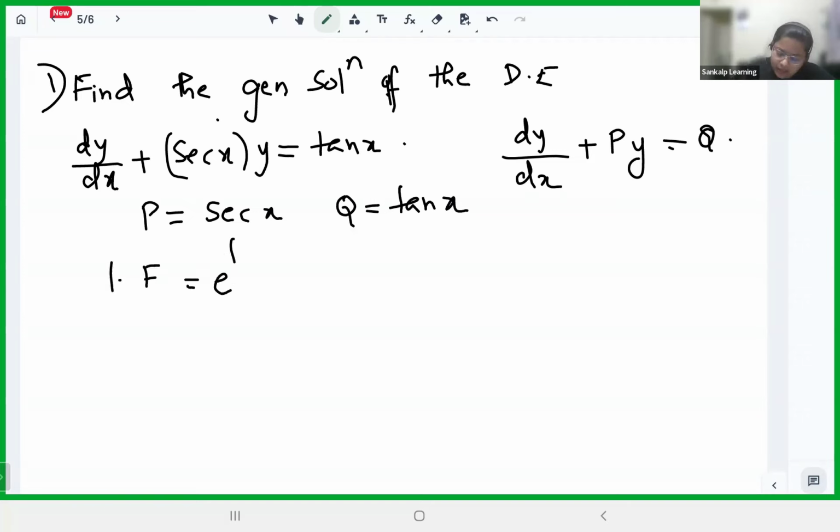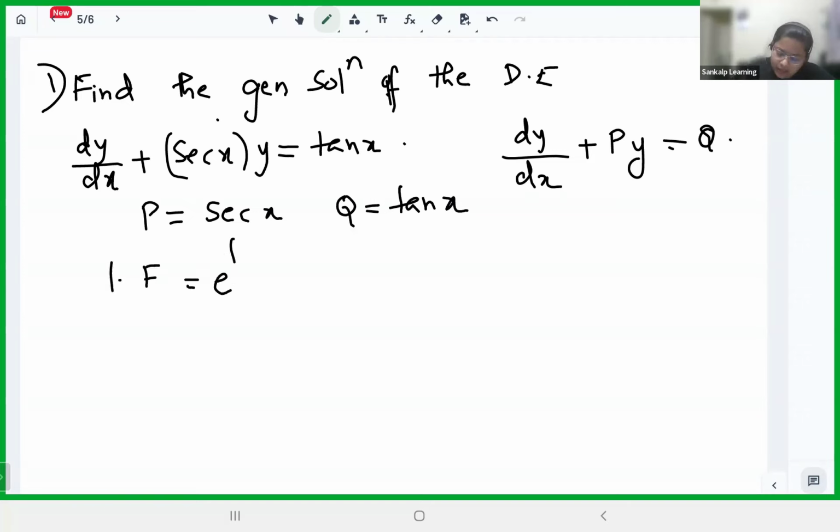And if you apply the property, the answer is sec x plus tan x. So we have got the integrating factor, right?